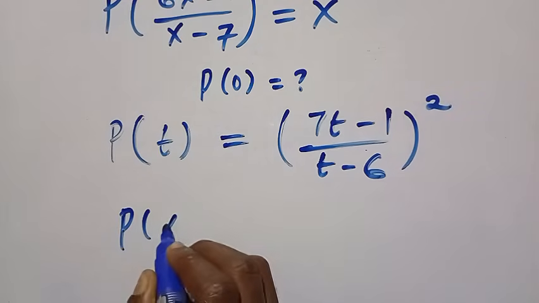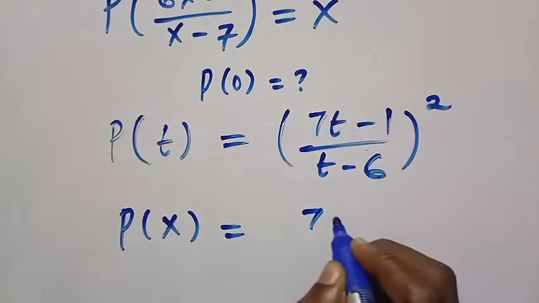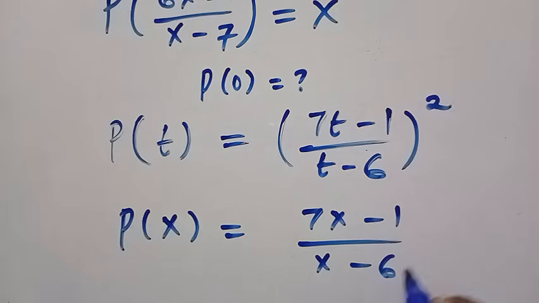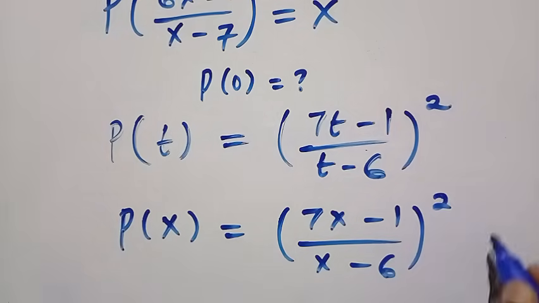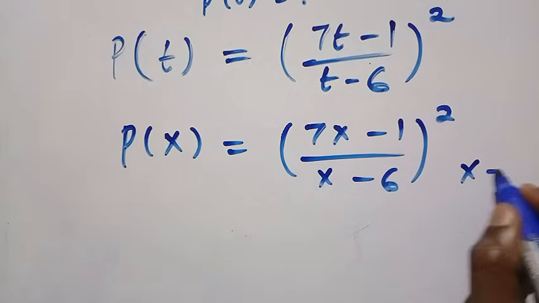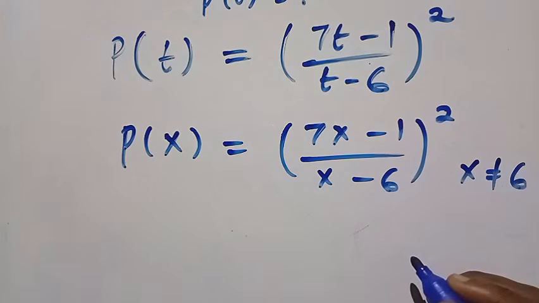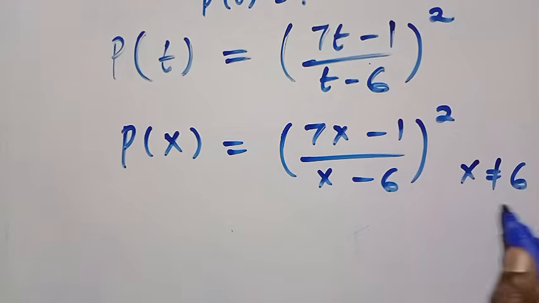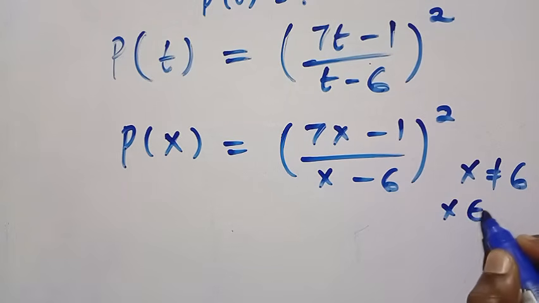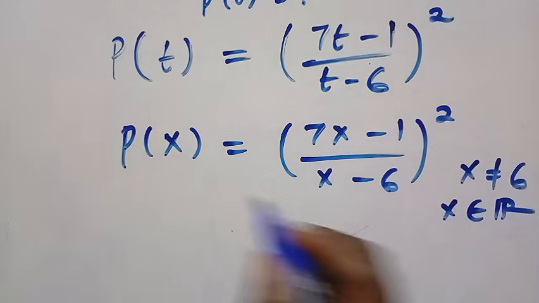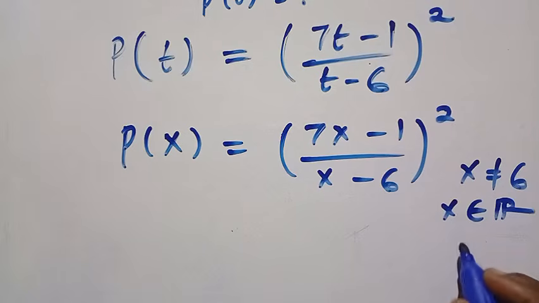We have P of x equals ((7x minus 1) over (x minus 6)) all raised to the power of 2, where x is not equal to 6. But since we are asked to find a particular point in this domain, which is x a member of the real numbers, the point we are asked to find in this real space is when x equals 0.